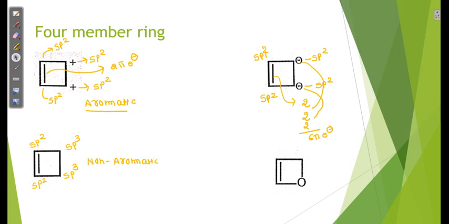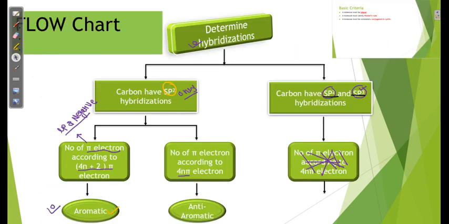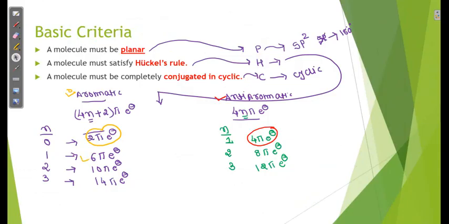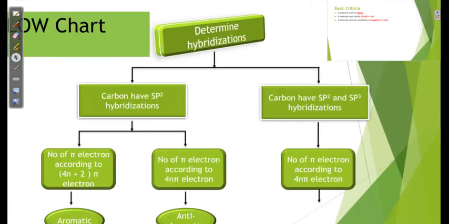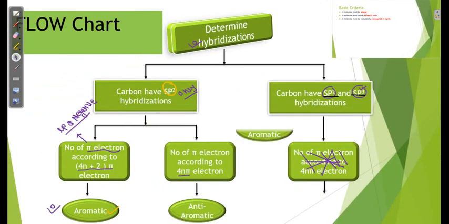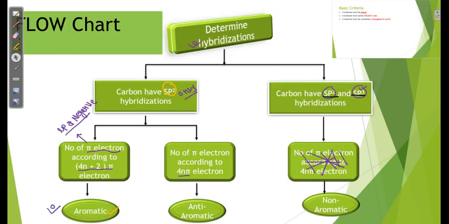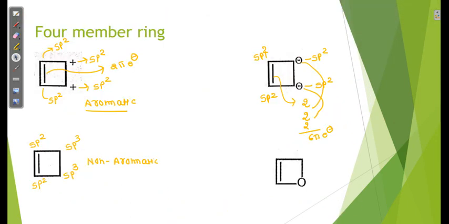So it comes under the 6 pi electrons, which comes under an aromatic ring system. So this one we have seen is non-aromatic, and this one has 6 pi electrons, so it is known as an aromatic compound.